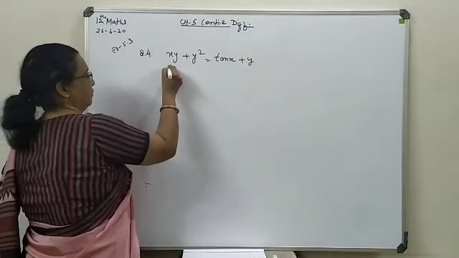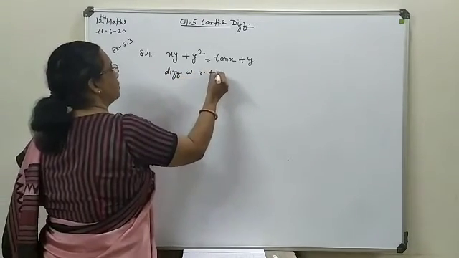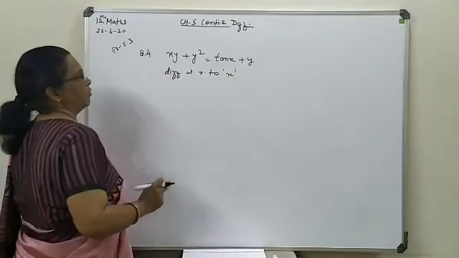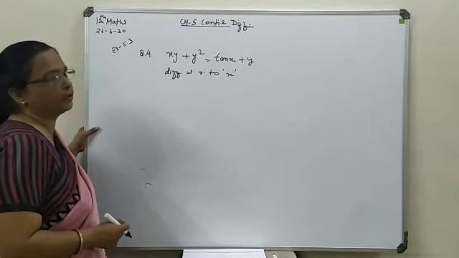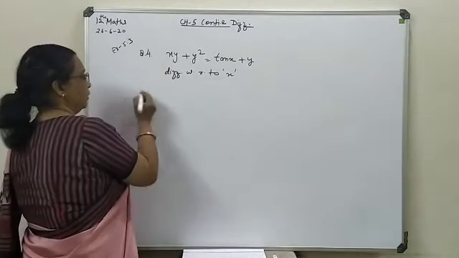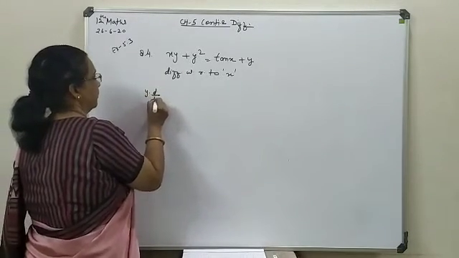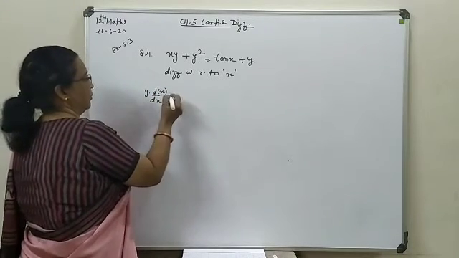So differentiation with respect to x. First of all, look at this combination. Both are variables, x as well as y. So the product rule you will implement here for writing the differentiation. First of all, we write the differentiation of x, keeping y in the first position.